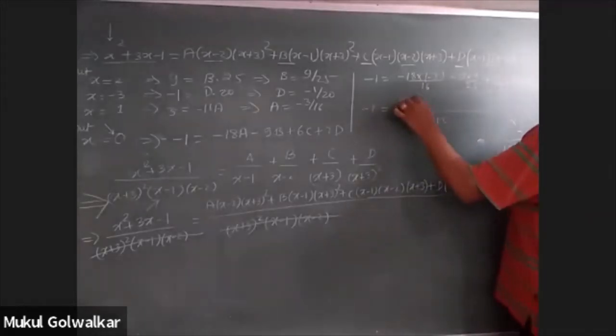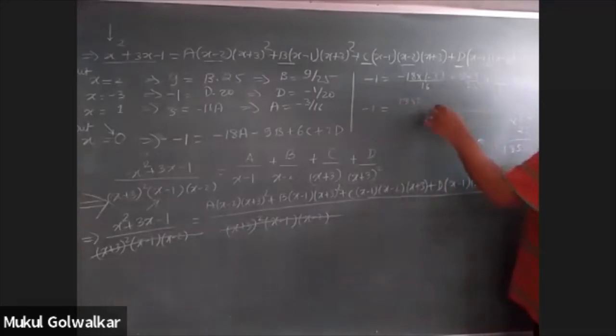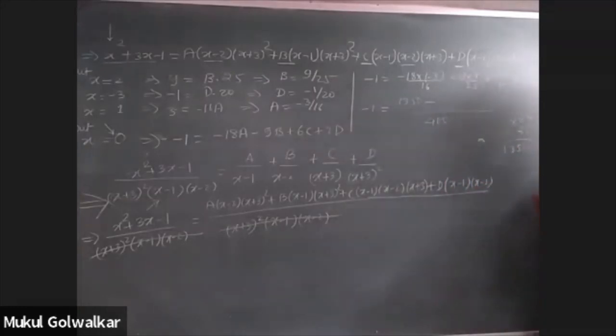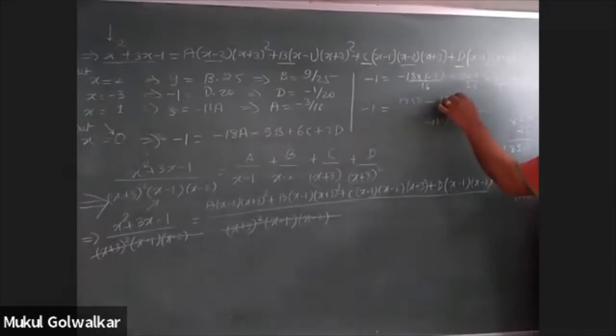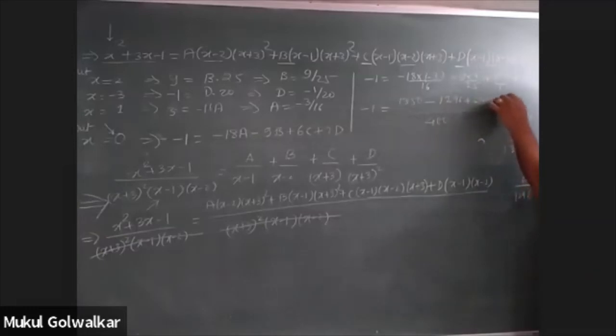So this is 1350 minus 81 into 16, minus 1296, plus 2400c, and that will be equal to minus 40.